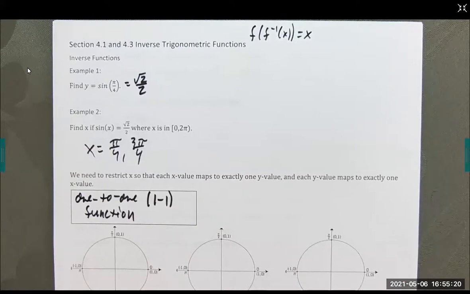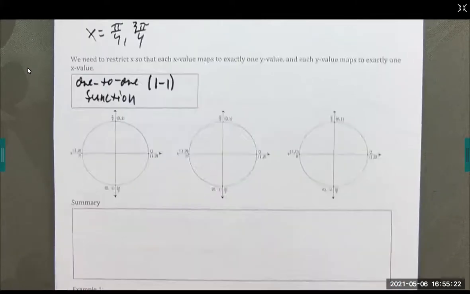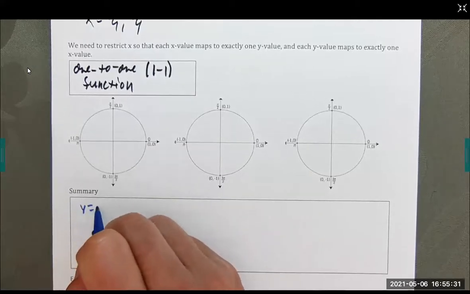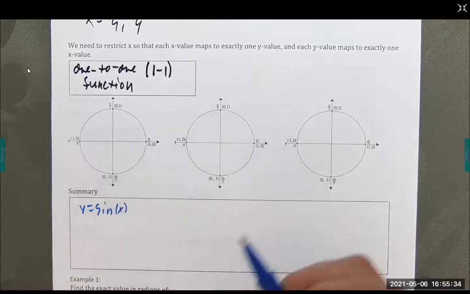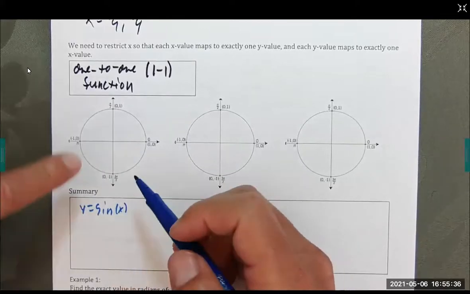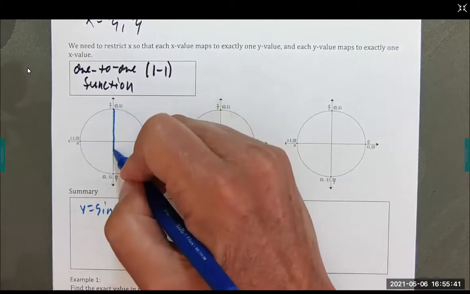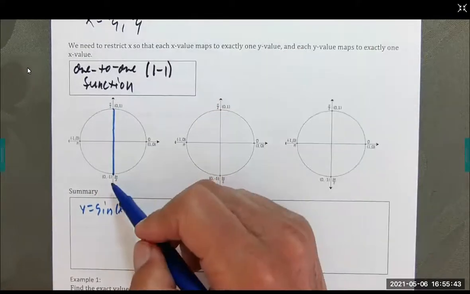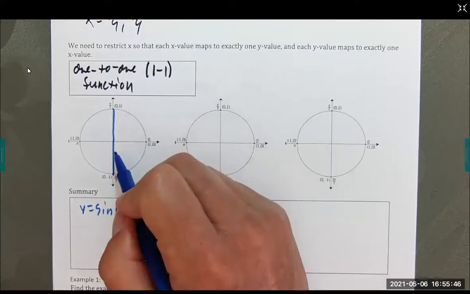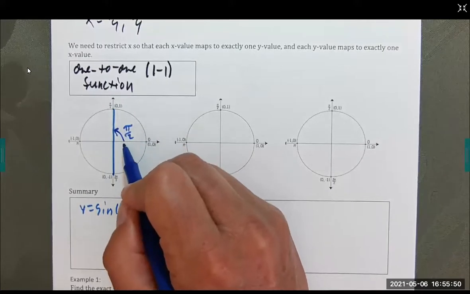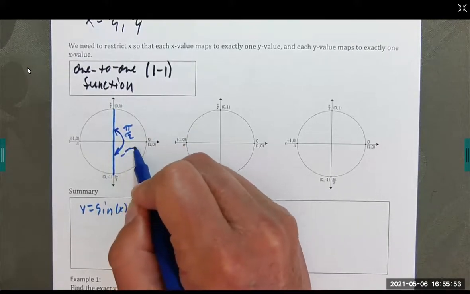And let's talk unit circle just a little bit when we're looking at this. Now, if we look at sine, and we'll write that here, y equals sine x. Well, sine represents y, right? This y is different. So here's our y. And all this needs to be covered from negative 1 to 1. And that means that we are here pi over 2, and here, negative pi over 2.